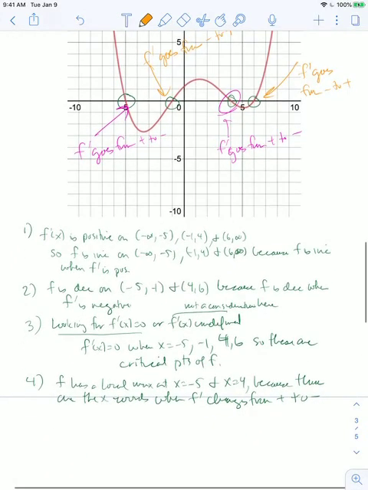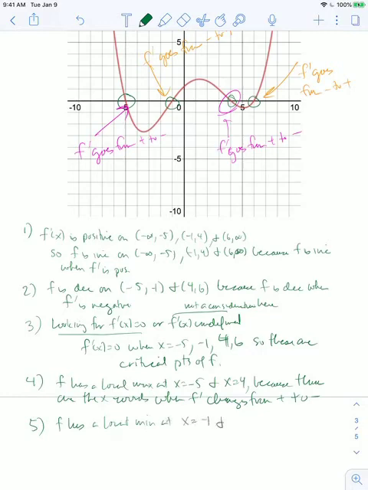And so I can answer number 5 then. f has a local min at x equals -1 and x equals 6, because those are the x coordinates where f prime changes from negative to positive.